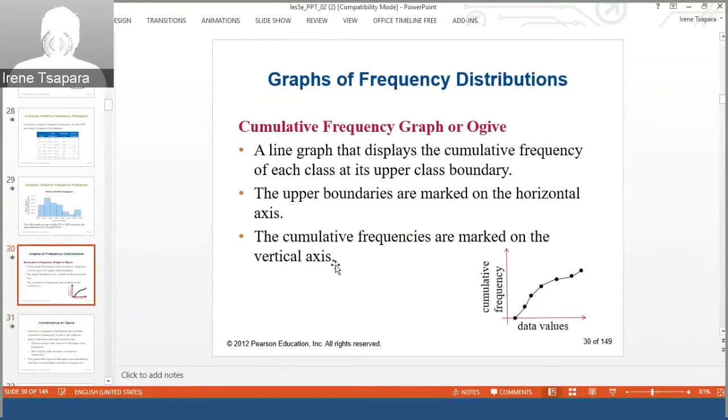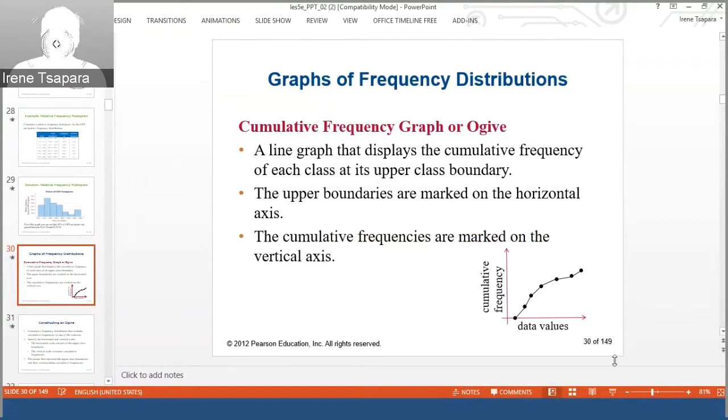The Ogive graph is nothing else than an always monotonically increasing line that displays to you the cumulative frequency.